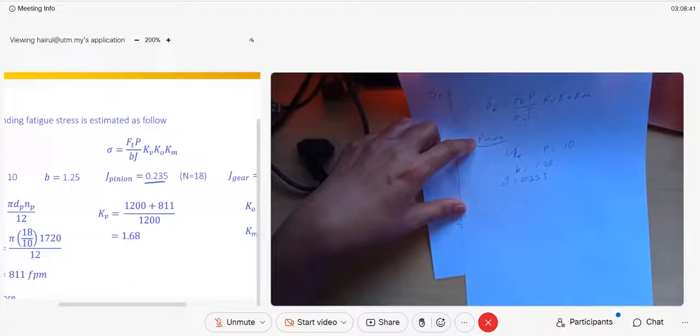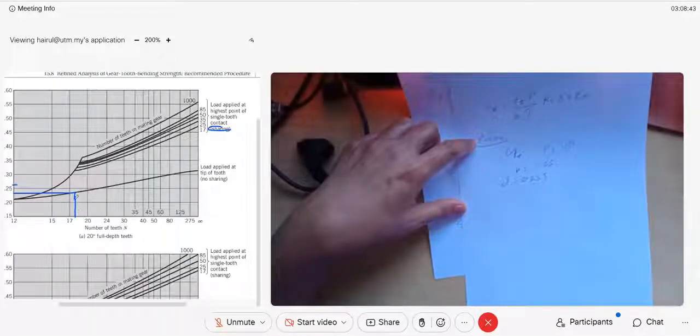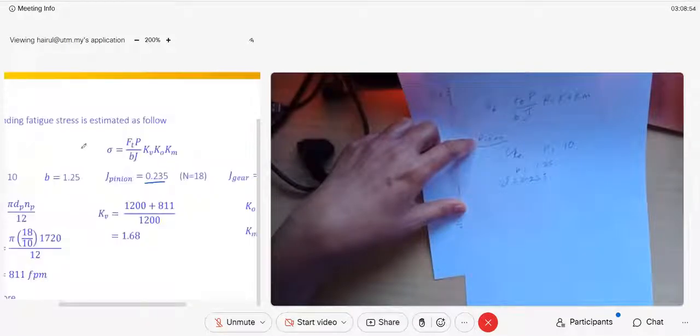You get it from this graph, 18 here, 0.235. I'm not sure how it is so precise, 0.21, 22, 23. I just put 0.23. Actually 0.23. Okay, class clear or not?